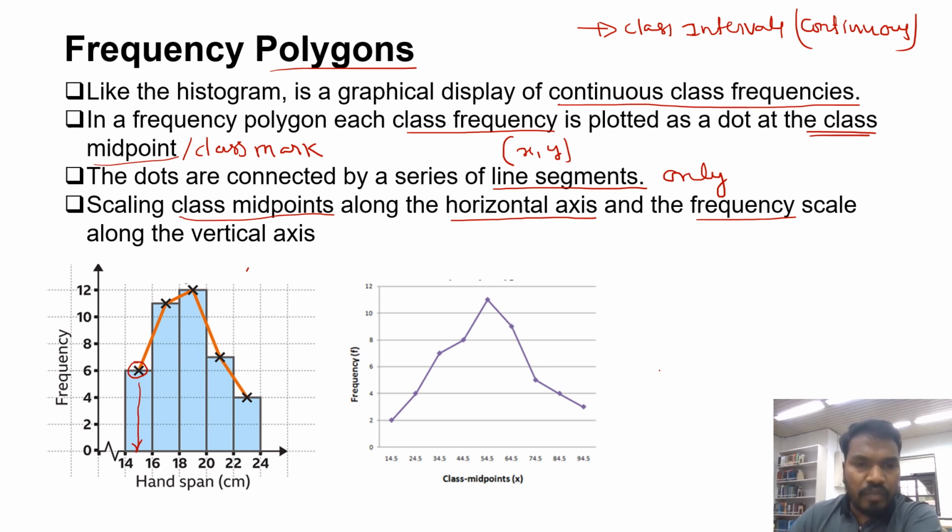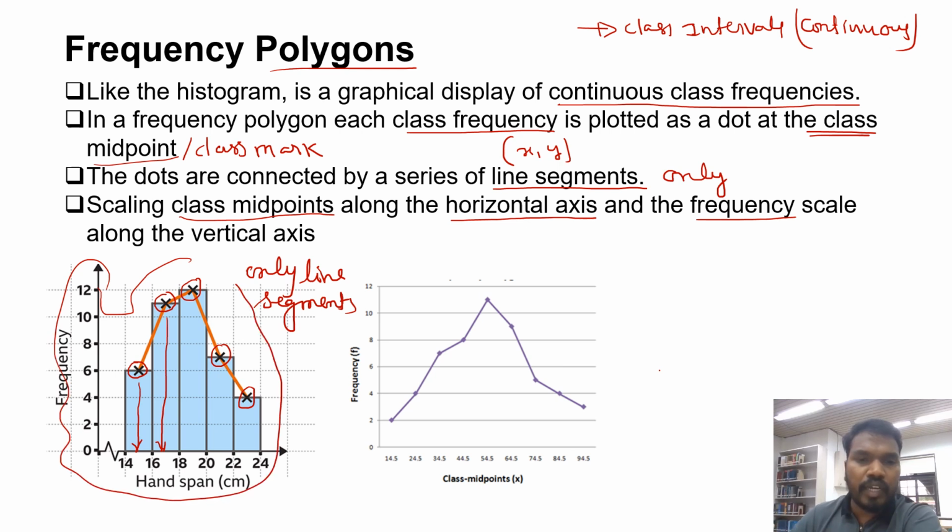Similarly, the midpoint of this one denotes the class mark of 16 to 18. If you join these midpoints with only line segments, then this complete diagram is nothing but a frequency polygon.